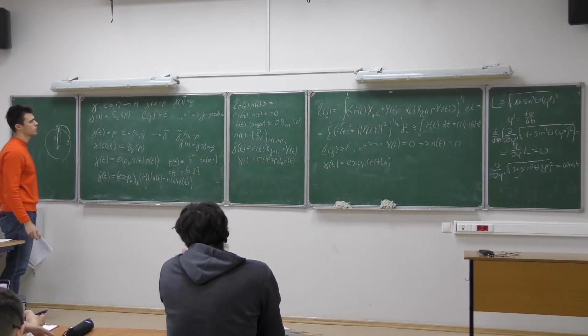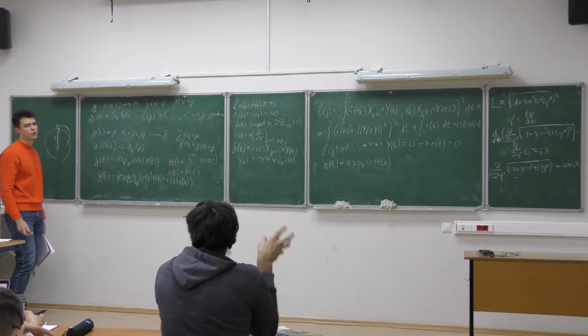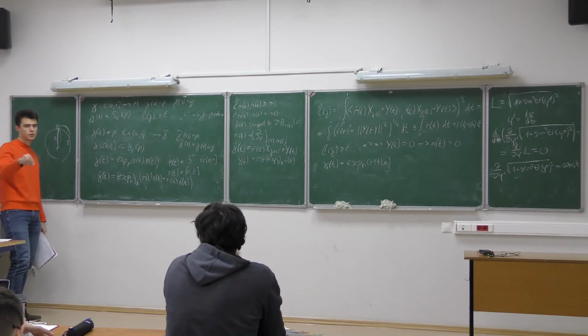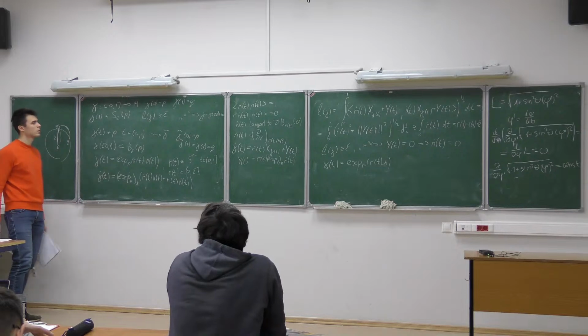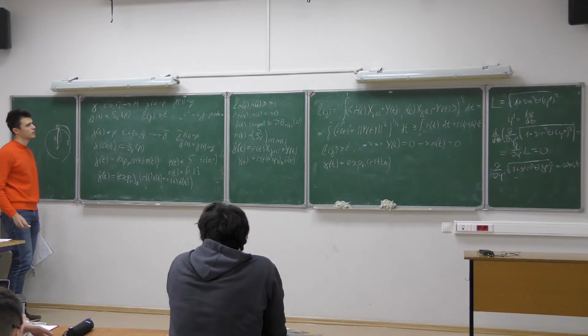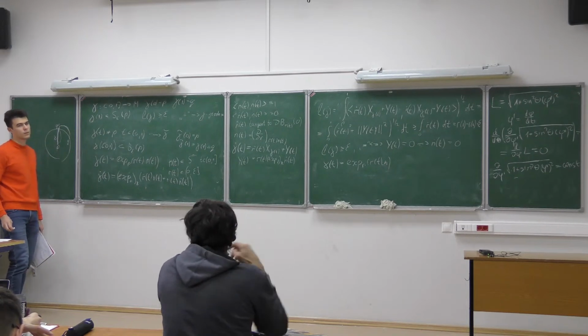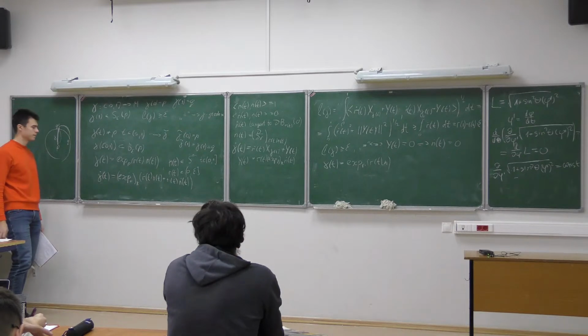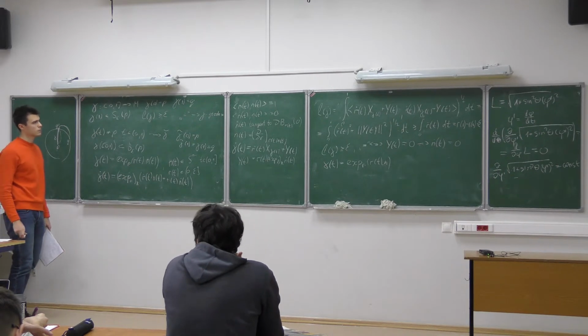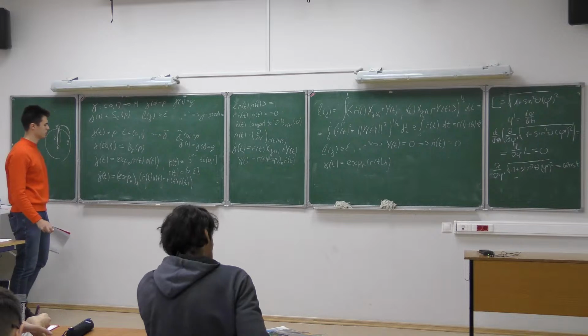So you just glue them, you can prove that it is geodesic in every piece of it, and therefore it's geodesic. Being geodesic is a local condition, actually. So that's what I'm saying.